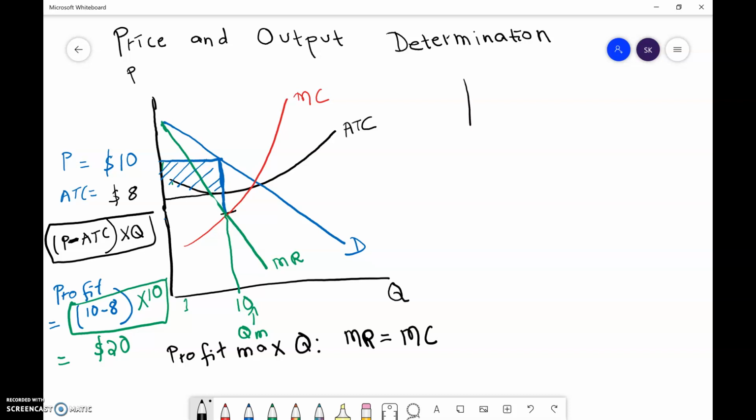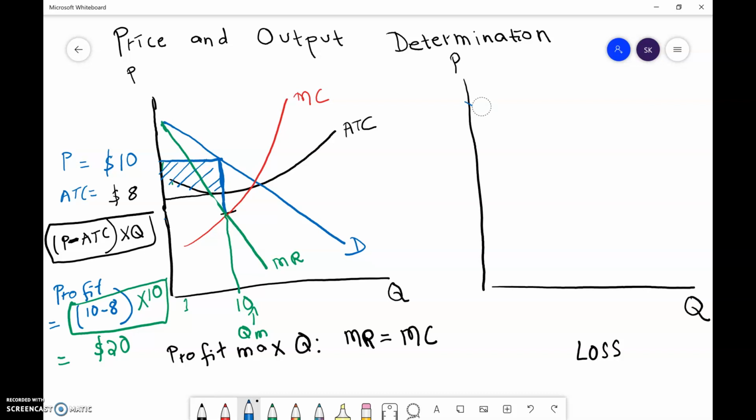Alright, let's show you something else here. A monopolist can also incur losses in the long run. Let's see what happens if the monopolist is incurring a loss. I have this one as the demand curve, just really particular about these graphs.